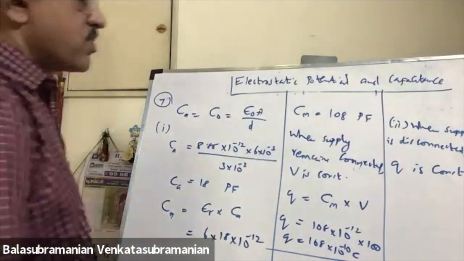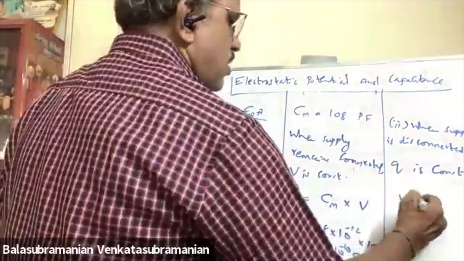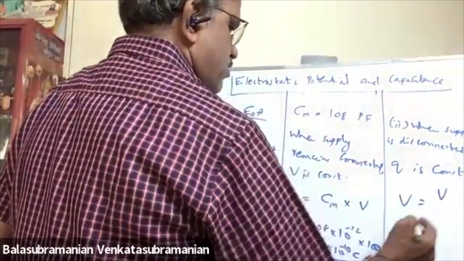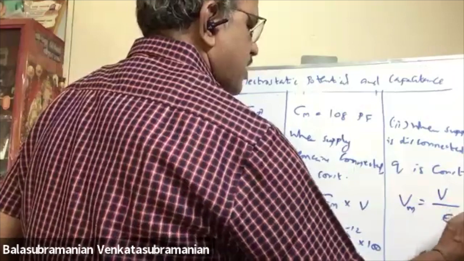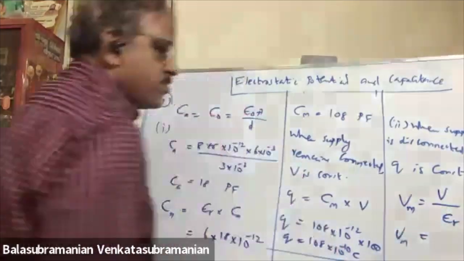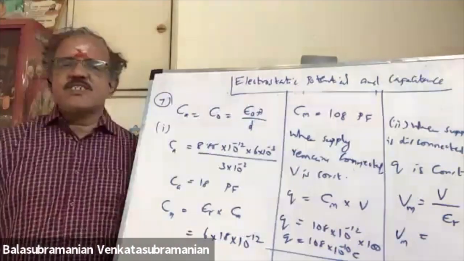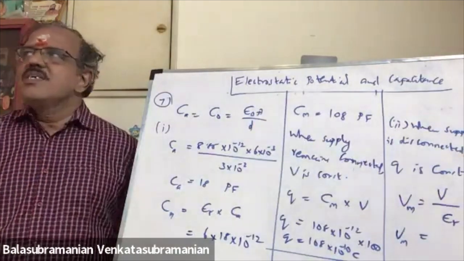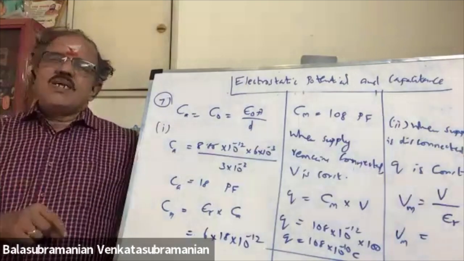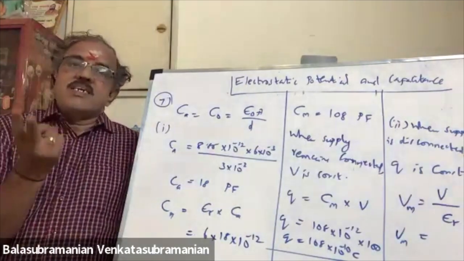Potential difference V is V naught, or V medium is equal to V by epsilon R. The potential difference is reduced because you have introduced a dielectric.